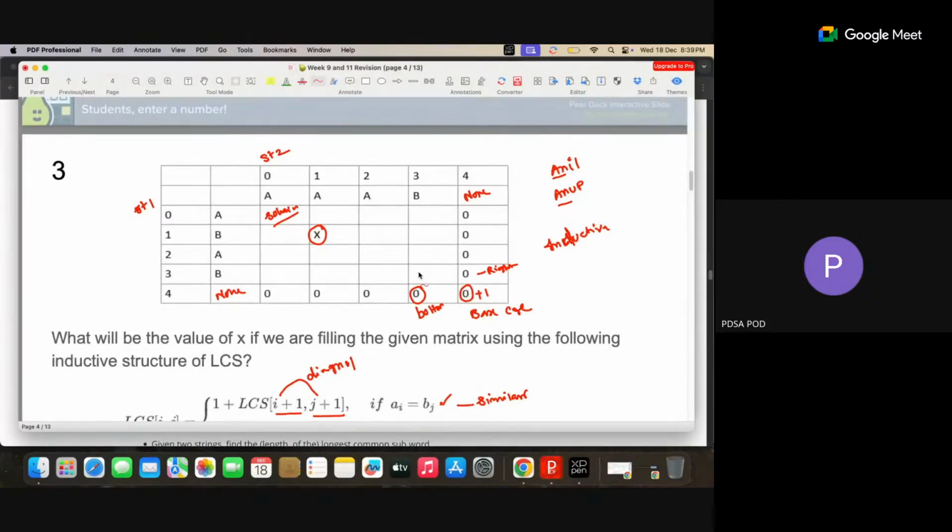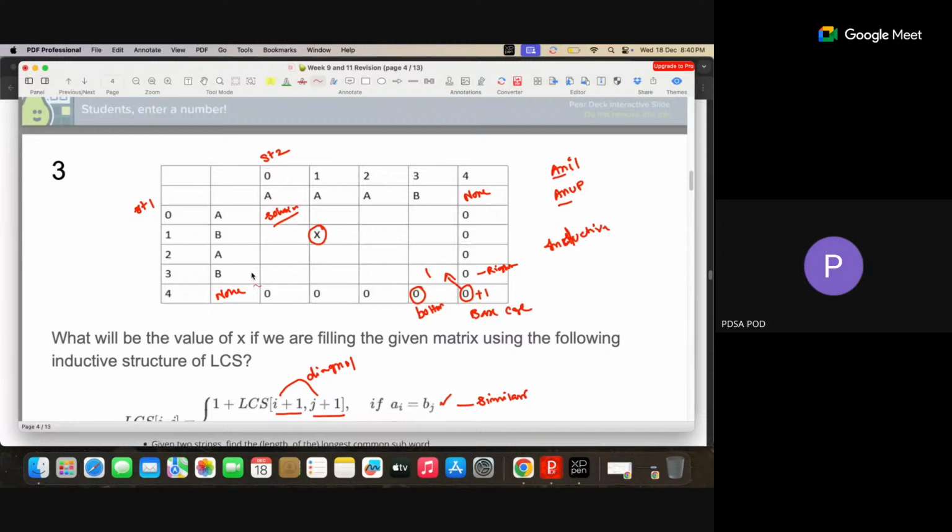So if the current index position is 3 and 3, the index position value I wanted is 3 plus 1, 4, 3 plus 1, 4. So that means 0 we are getting, 0 plus 1. What value are we getting here? 1. So this diagonal value plus 1.